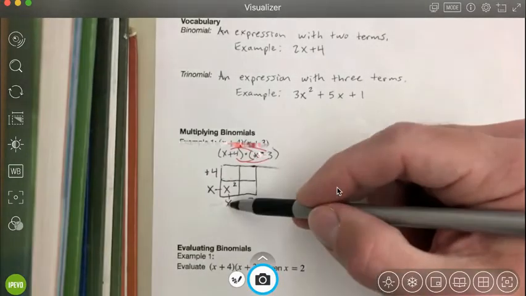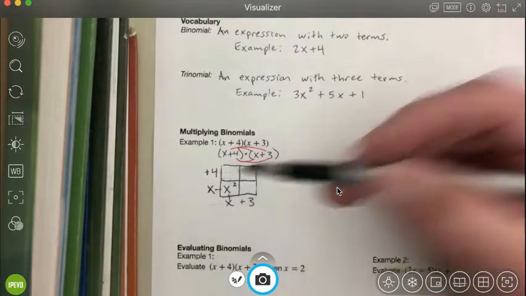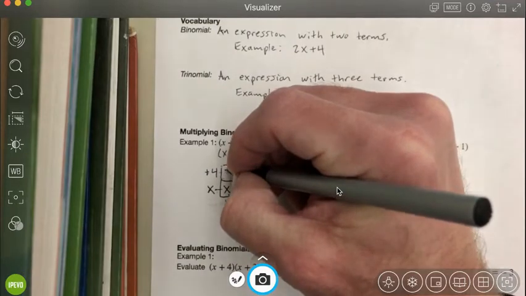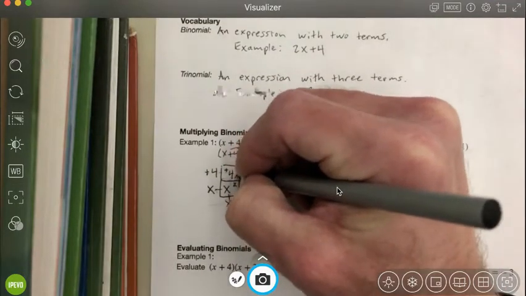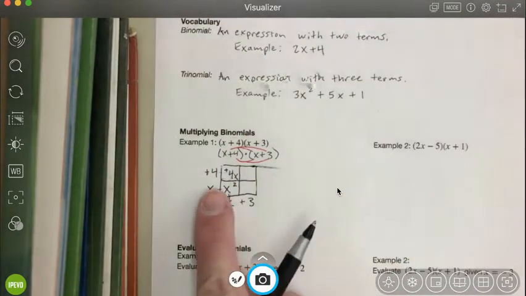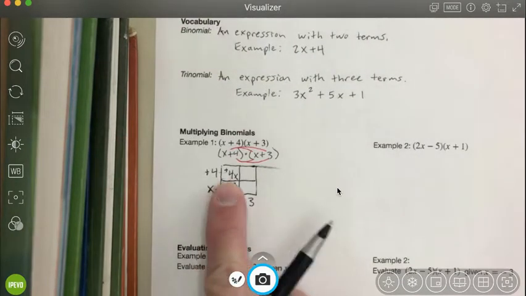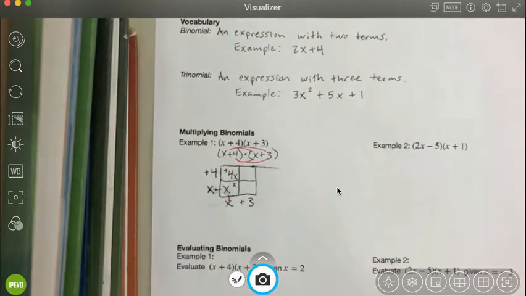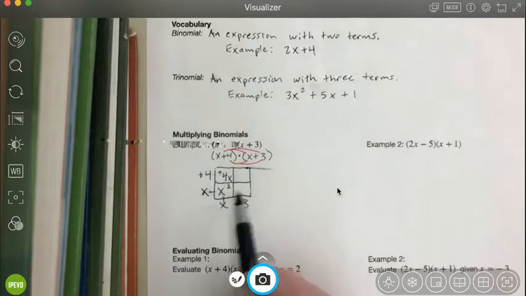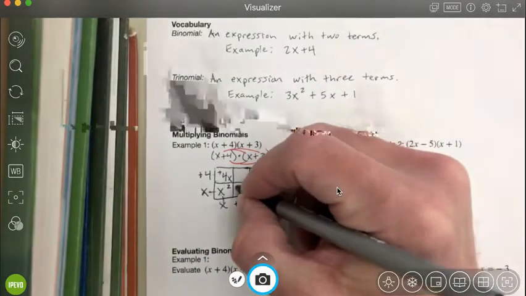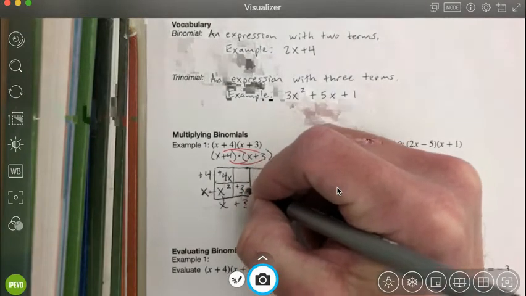This box is going to be x times positive 4. And I like to throw the little positive sign in just to remind myself. But x times positive 4 is positive 4x. All right, and this box is going to be x times positive 3. So once again, I'm going to do a little plus 3x.